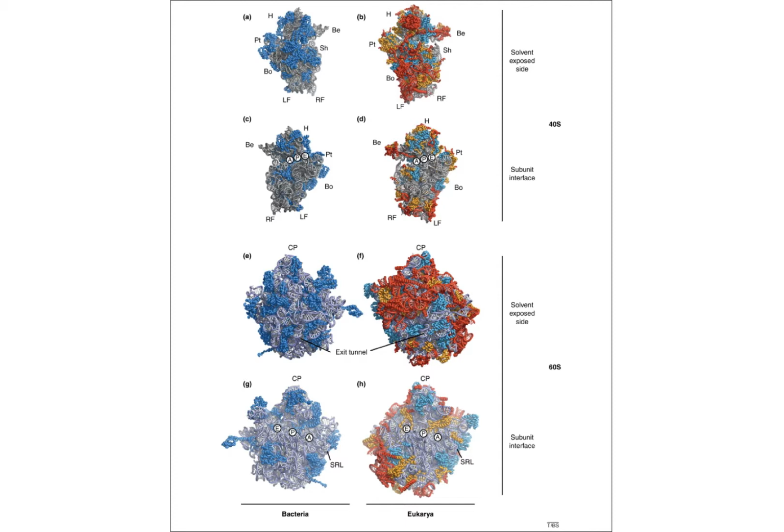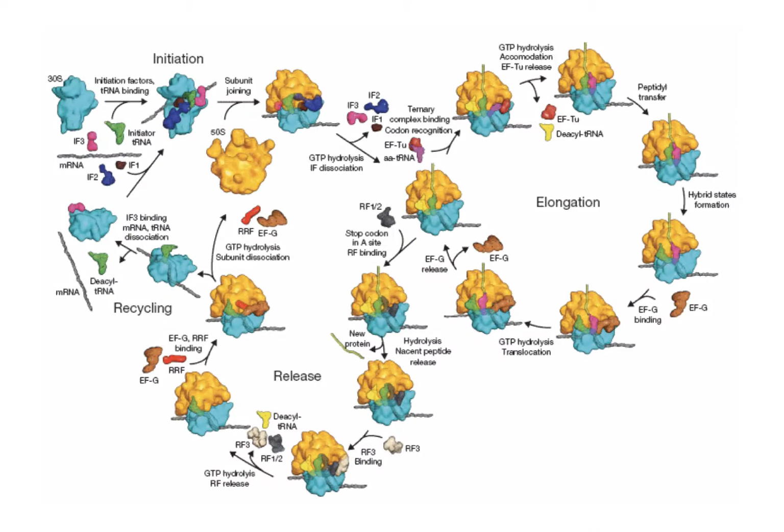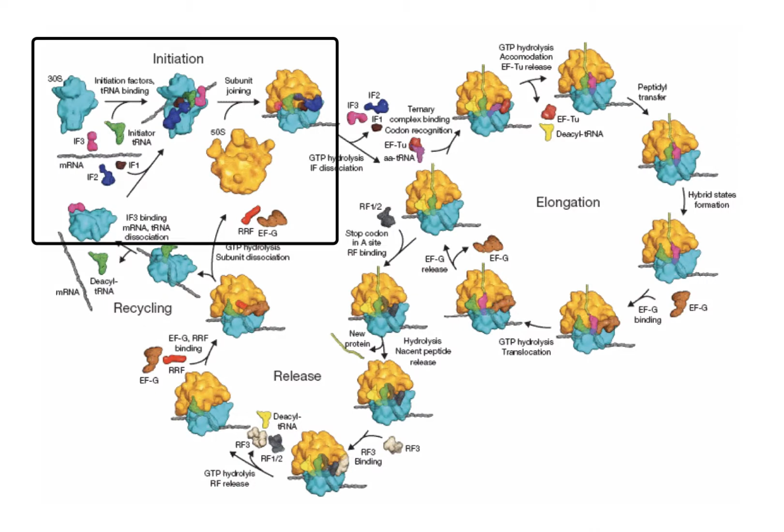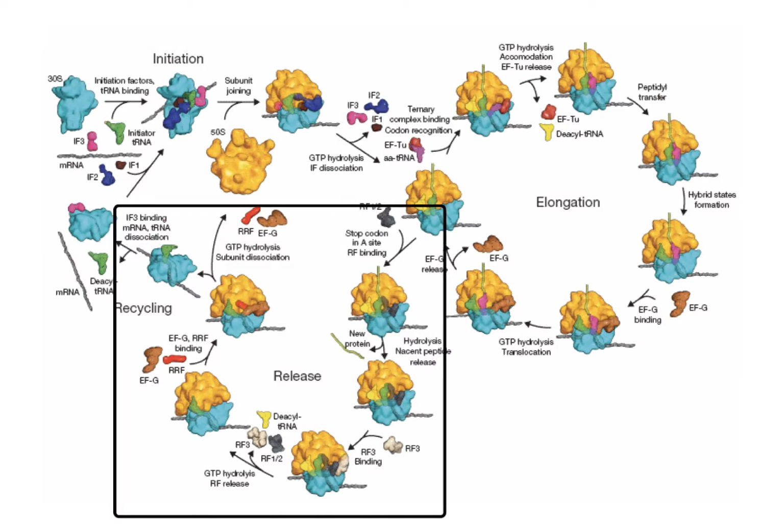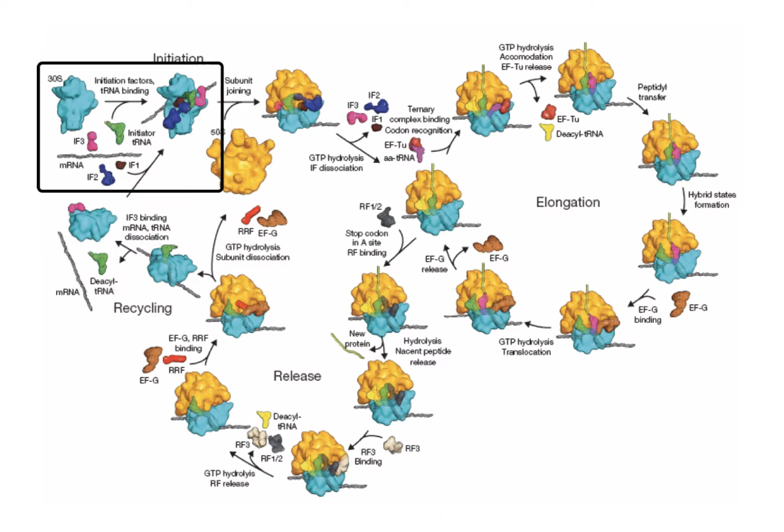Here is a diagram of the process of translation, including an initiation phase, an elongation phase, and then a release phase. So if we start over here with initiation, it starts with the small subunit and then an initiator tRNA, which is the AUG for methionine.